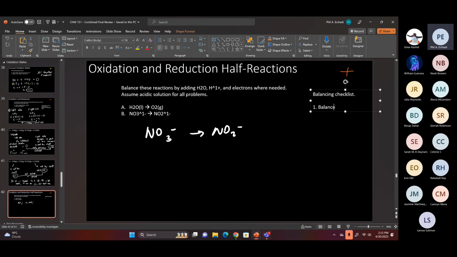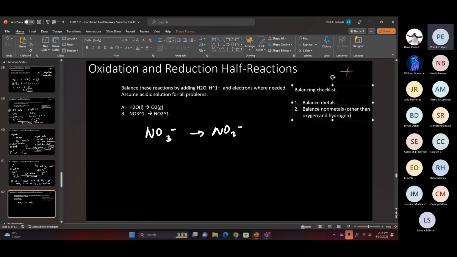Number 1, you have to balance your metals if you have any. Then after you've taken care of the metals, you balance your non-metals other than oxygen and hydrogen. And once you've taken care of everything other than oxygen and hydrogen, you want to balance oxygen by adding water to whichever side has less.